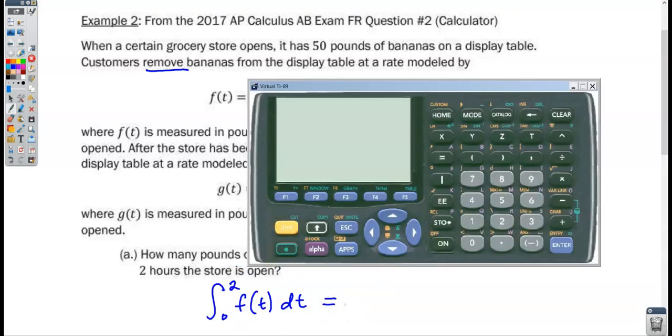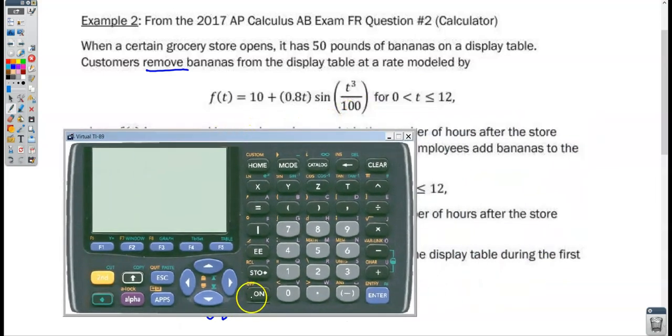This is a calculator problem, so I can go ahead and do this on my calculator. So I've got the integral of 10 plus 0.8t times sine of the quantity t cubed over 100 with respect to t from 0 to 2.